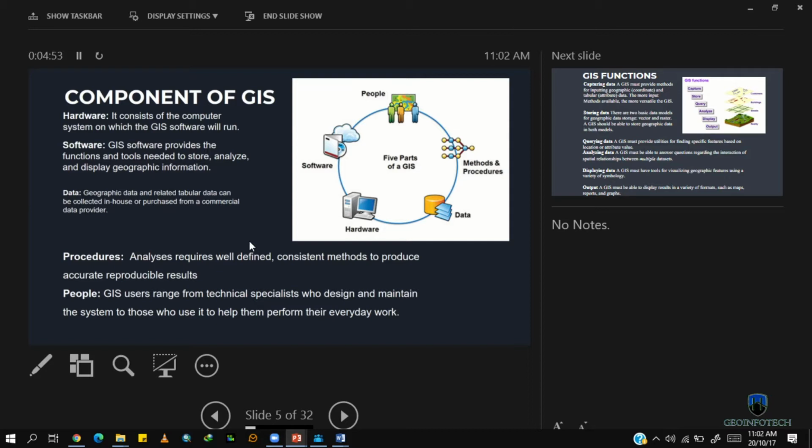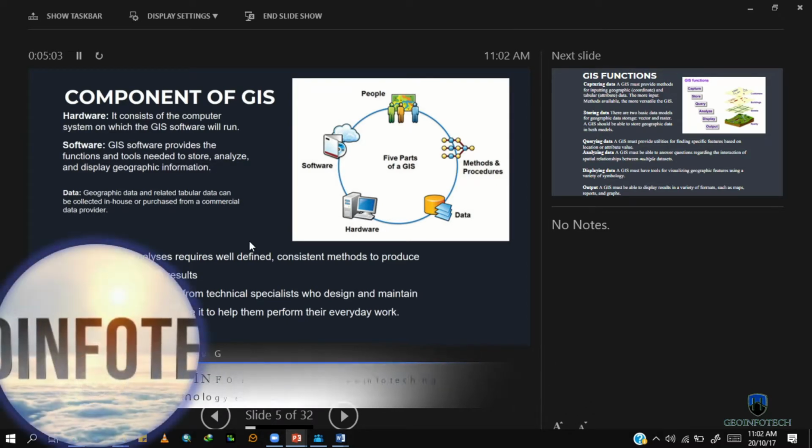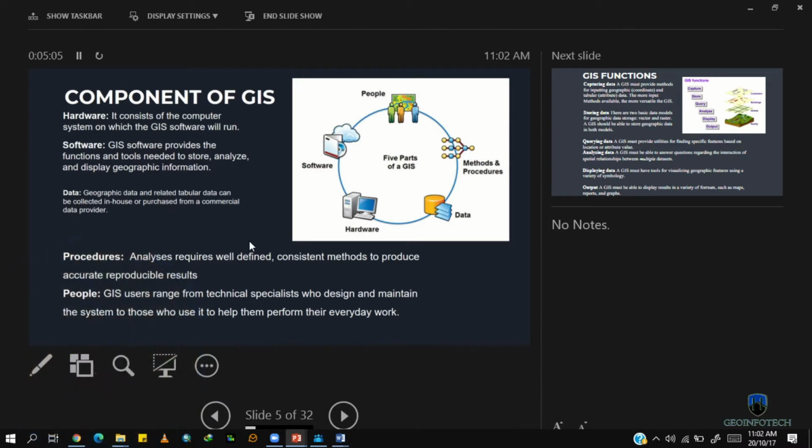So now we have the software. Software involves the functions, the tools, the manipulation, those things that make it easy for us to carry out GIS tasks successfully. An example is ArcGIS, which we are going to be using in this training. Another one is QGIS also.